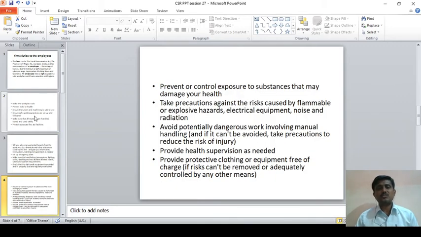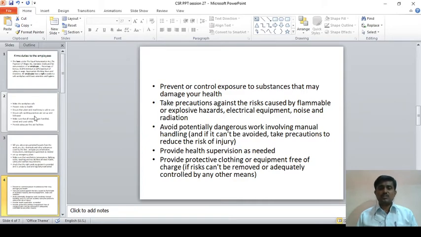Prevent or control exposure to substances that may damage the health of the employees, and take precautions against the risks caused by flammable or explosive materials, hazardous electrical equipment, noise and radiation. Whether the precaution measures are taken by the company or not.